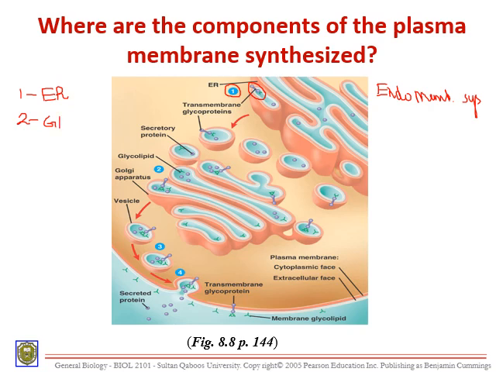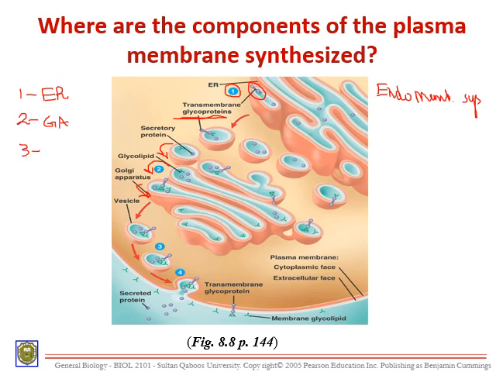As you see in the figure, the transmembrane glycoproteins are transported to the Golgi apparatus, which, as we have studied in Unit 3.2, modifies and packages transmembrane glycoproteins and glycolipids as well. Some modifications take place as it moves from one cisterna to the next. So that's number 2.